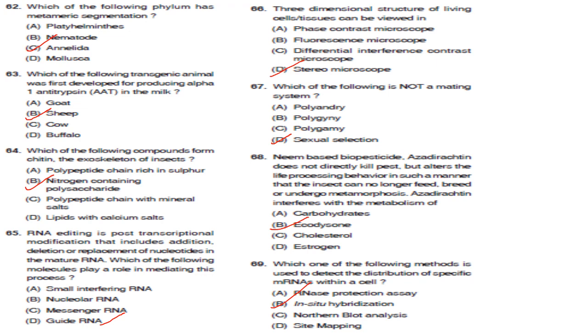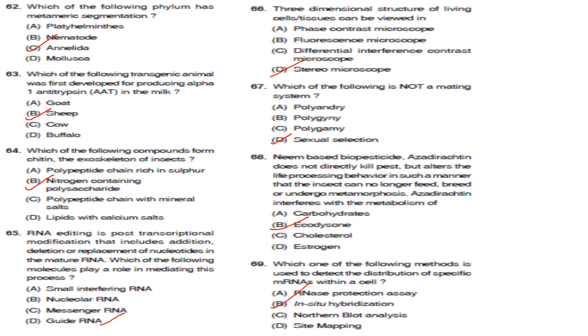And ecdysone is a steroid hormone secreted by the prothoracic gland that in its active form stimulates metamorphosis and regulates molting in insects. So, azadirachtin will interfere with ecdysone. Answer is option B.